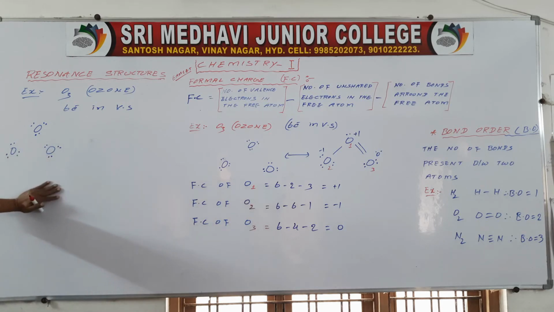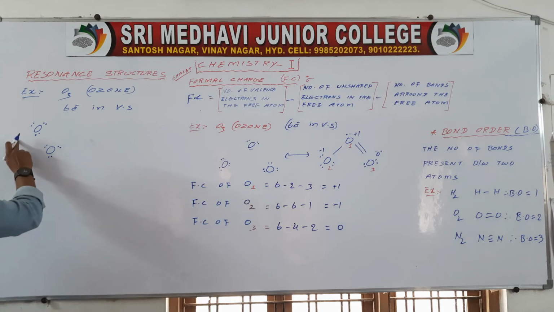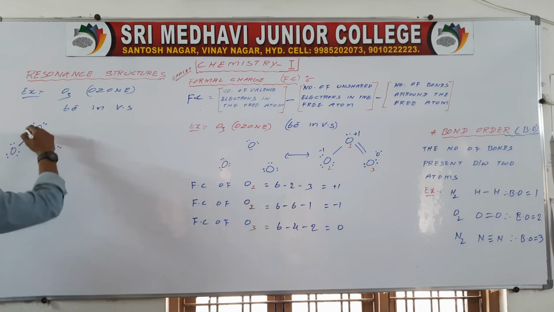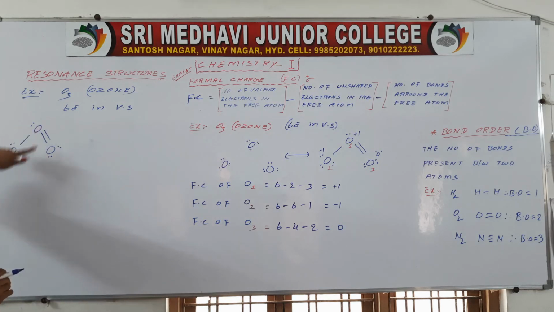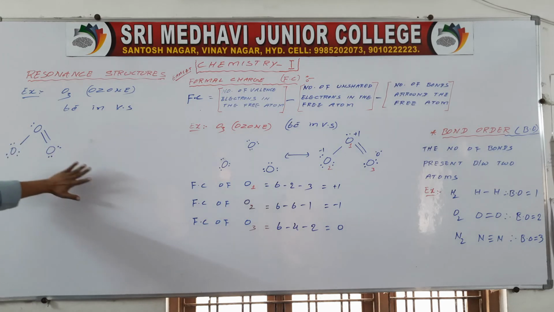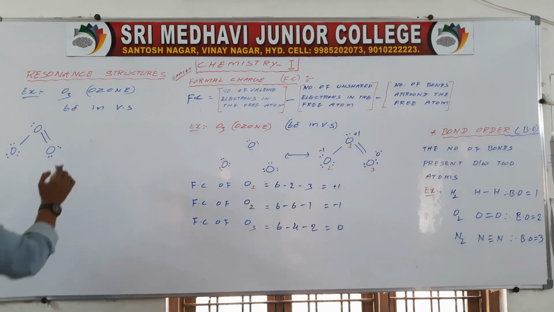This is the way I am representing. Now between these two, one single bond is formed. Between these two, one double bond is formed. Now I am not going to change the position of the atoms, the number of bonds, or the electrons. Giving one more structure.